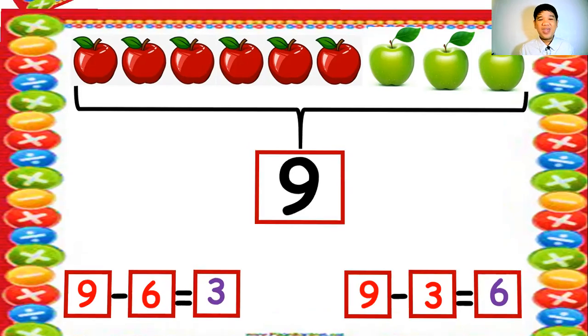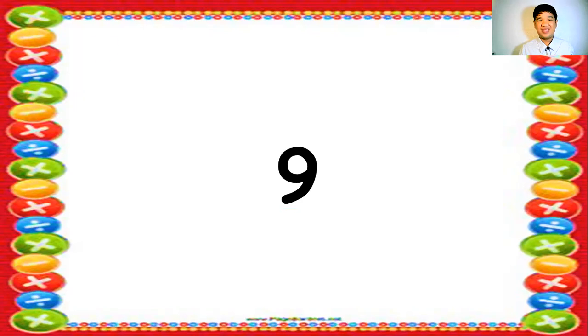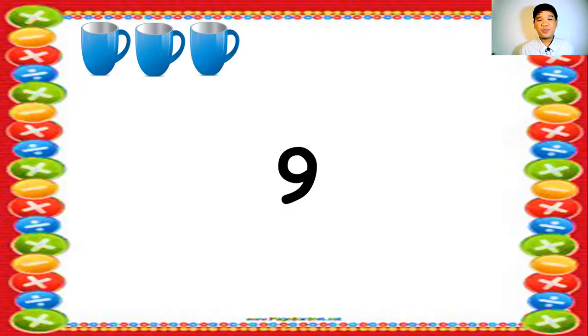Now, we have another one. Let's count the number of the different colors of the cups. So we have the blue cups here. 1, 2, 3, 4. All right, so we have 4 blue cups.